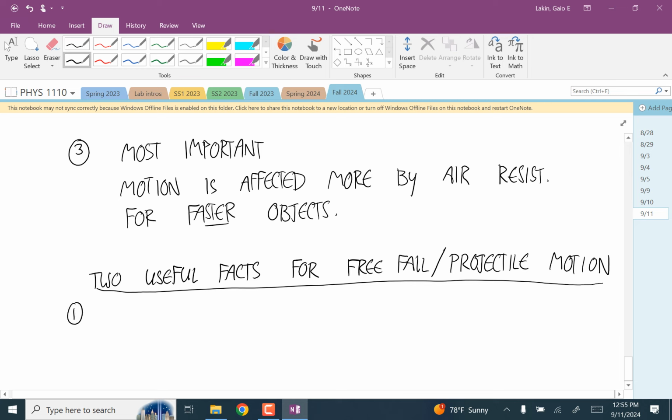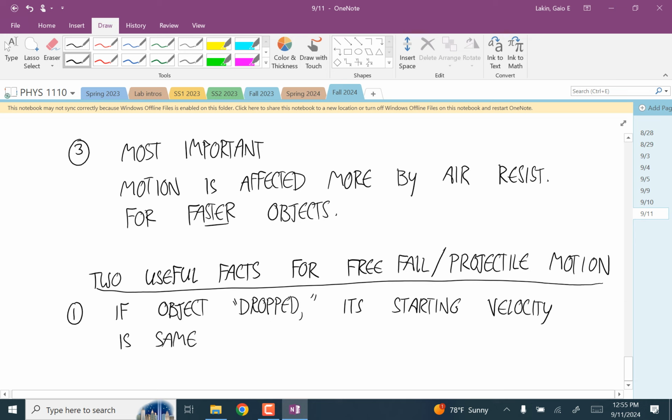The first one is, if an object is dropped, then its starting velocity is the same as the velocity of what it's dropped from.